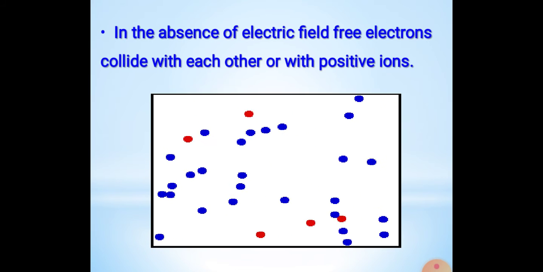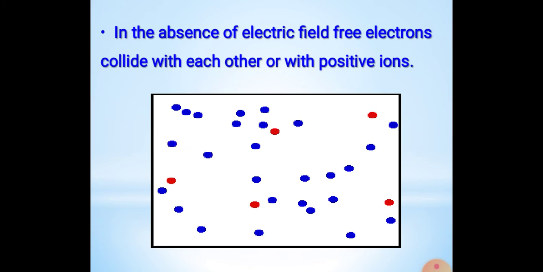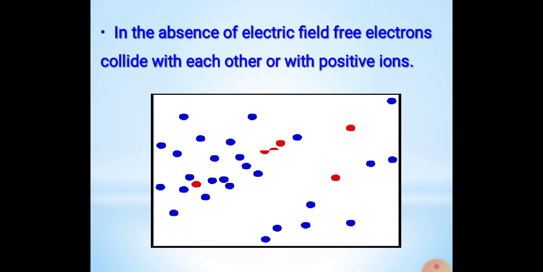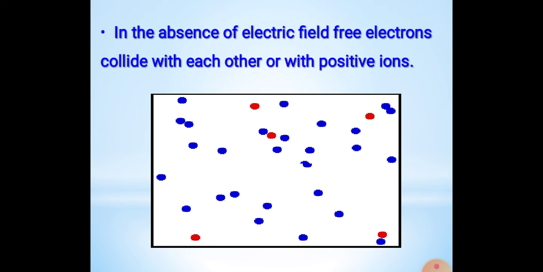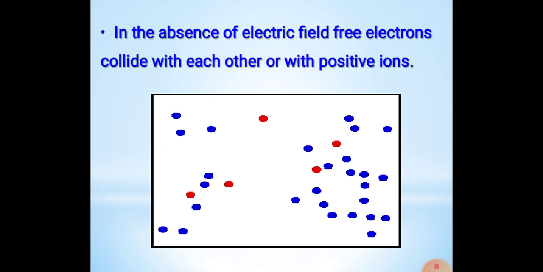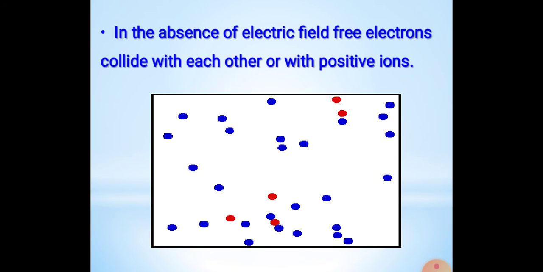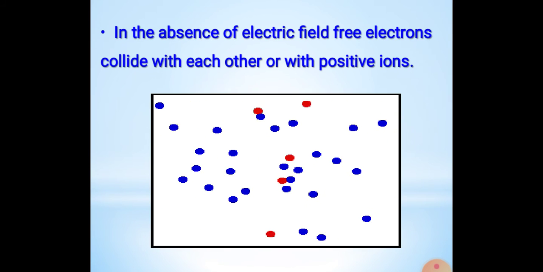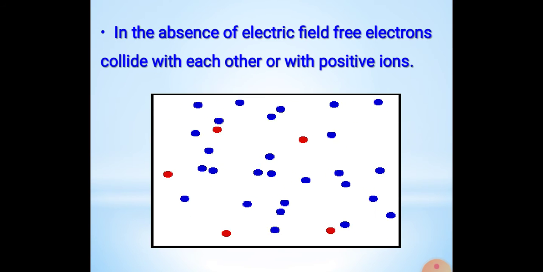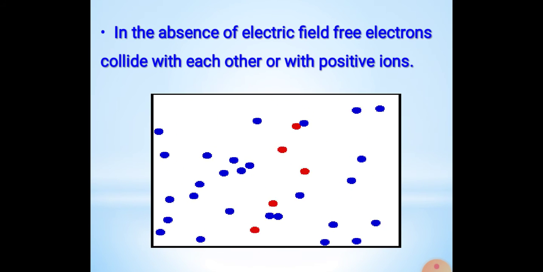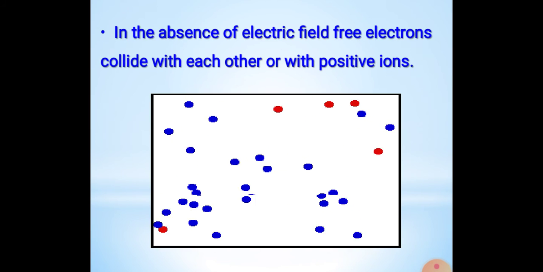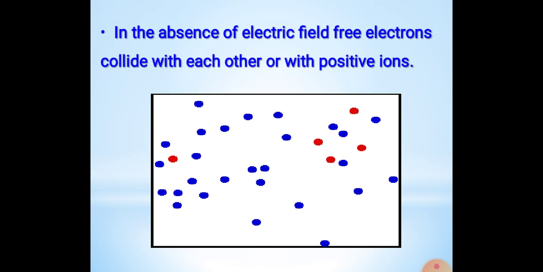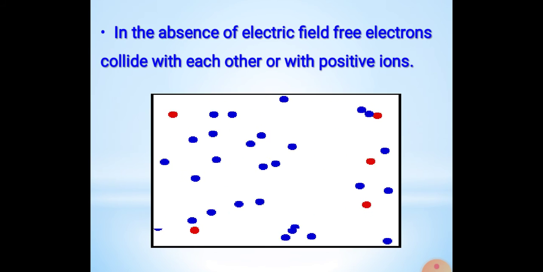When they move inside the container, they will collide with each other. Just like this, when the electrons are moving inside the material, they will automatically collide with other electrons or with the positive ions. That is your third postulate. This happens only in the absence of electric field, that means we are not connecting it with any battery.